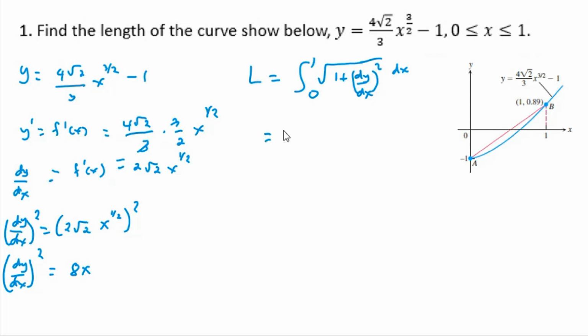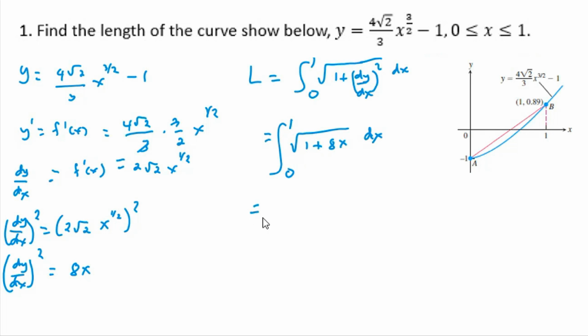By substituting the value, we can write the square root of 1 plus 8x, dx, from 0 to 1.